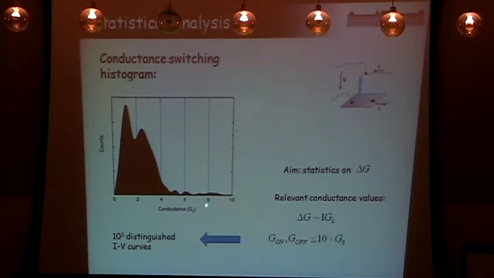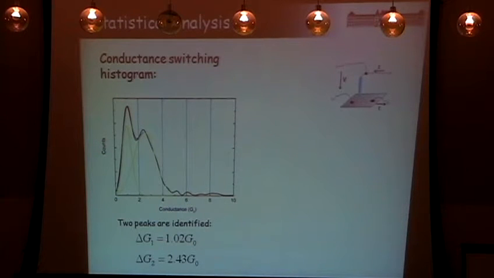Here we have the conductance switching value delta G, and here we have the counts. For this histogram, we can identify two peaks, for which we provided simple Gaussian fitting.